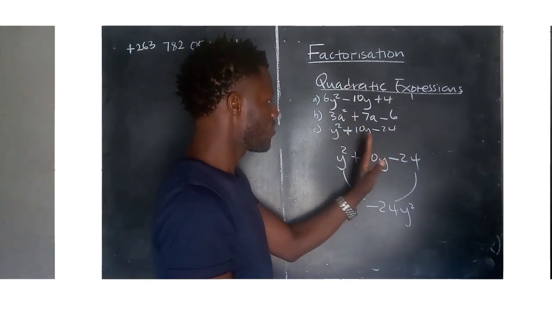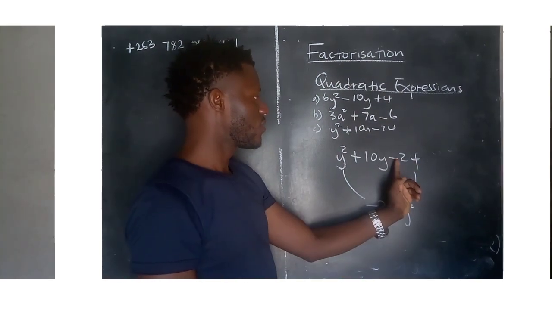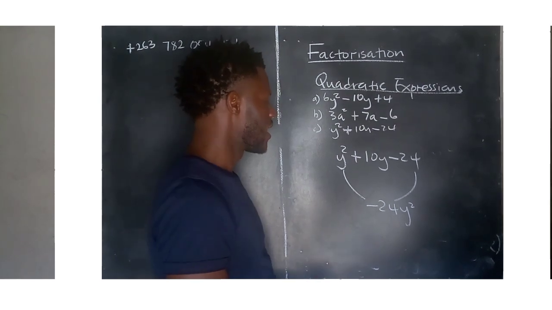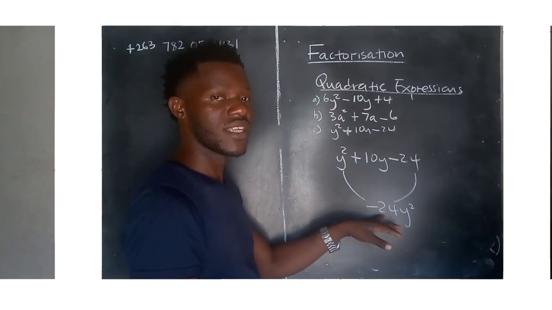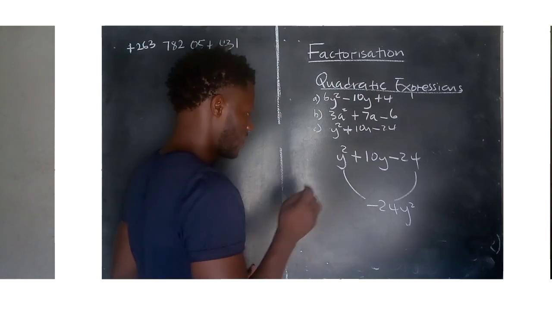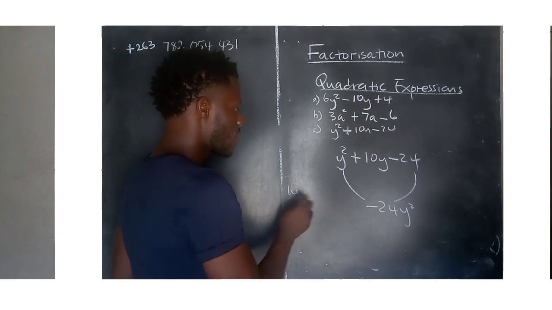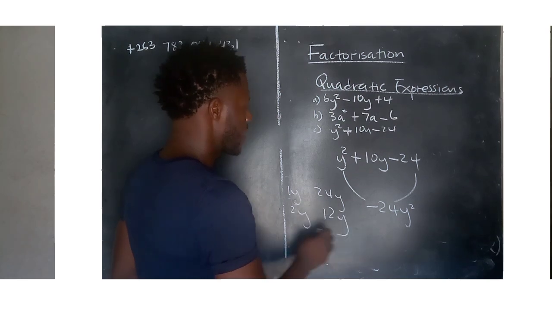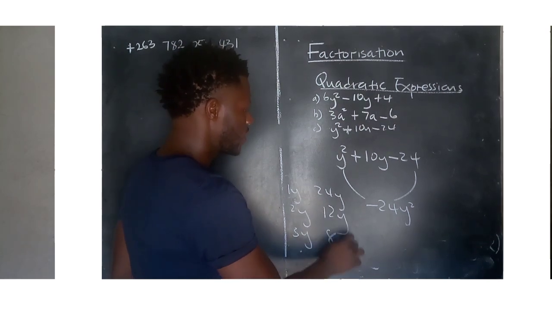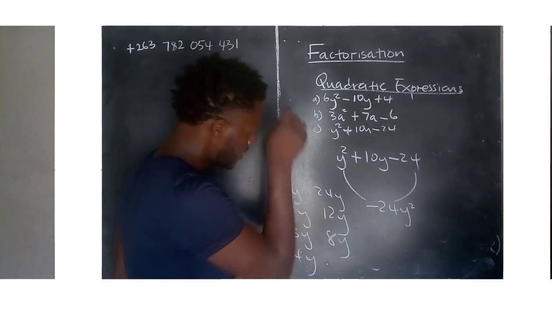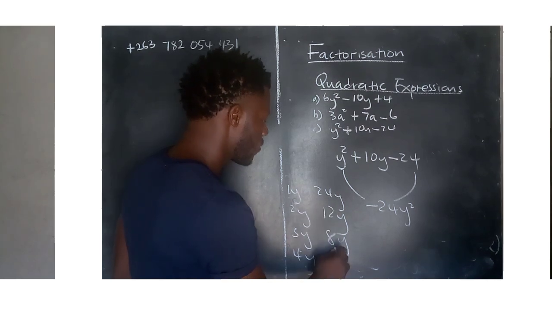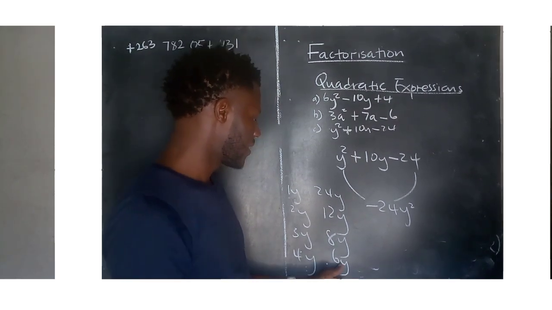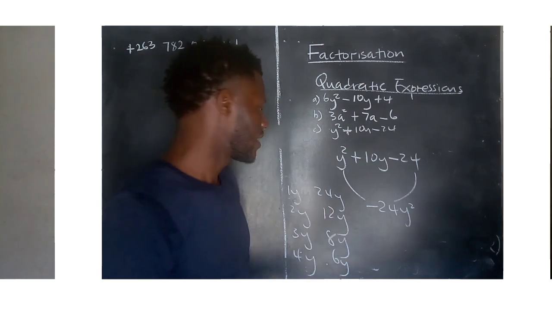This is A, B, C. The sign of the C value is the sign of the product. Let's list all the factors of 24. We are going to list positive factors first, starting from 1y and 24y, 2y and 12y, 3y and 8y, 4y and 6y. 5 is impossible. 6 is already there, so we have all the factors now.